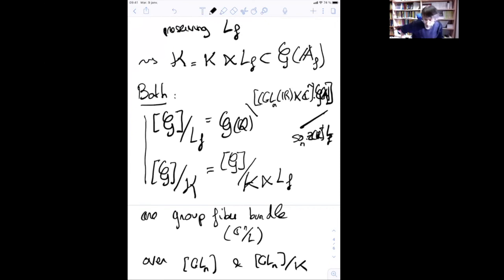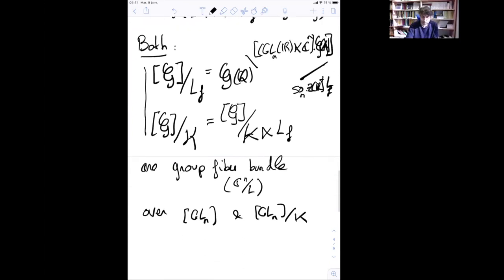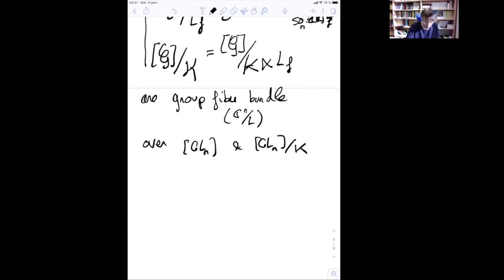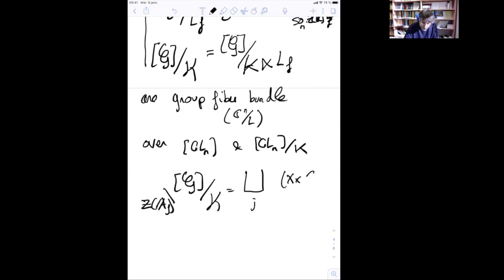Again, the way you should think of that is that this double quotient is just a finite union of X cross C^n mod lattices that depends on J, and here Gamma_J.